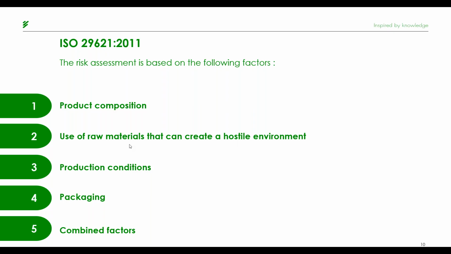Raw materials such as ethanol may interfere with the growth of microorganisms by killing them or by slowing their growth. The production conditions also play a huge part in the risk of a cosmetic product, because if to manufacture a certain product you need high temperatures during a long period of time, you can kill or hinder the growth and development of the microorganisms that might be present in the product.